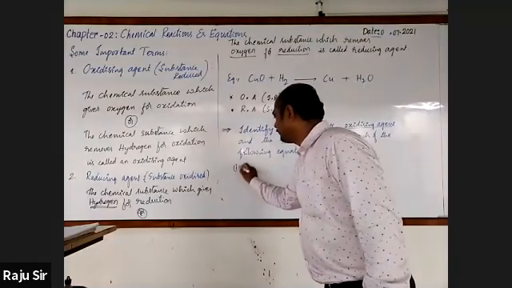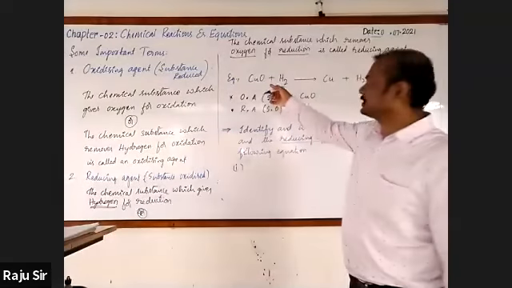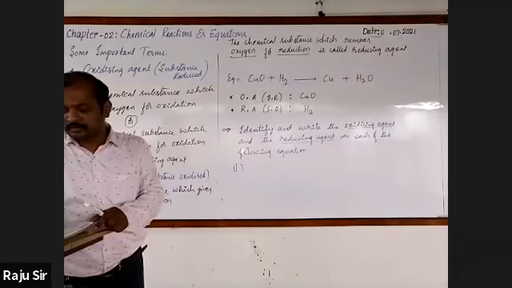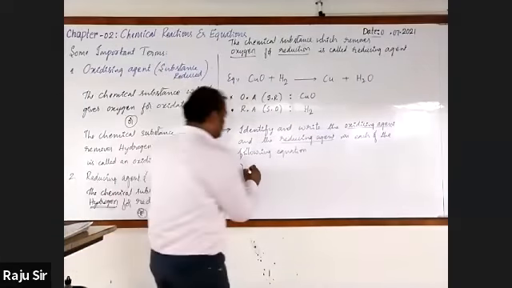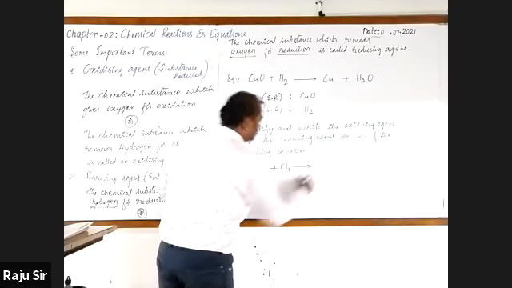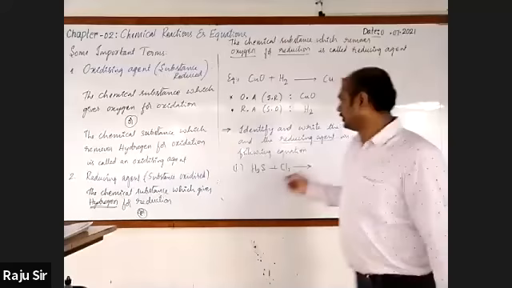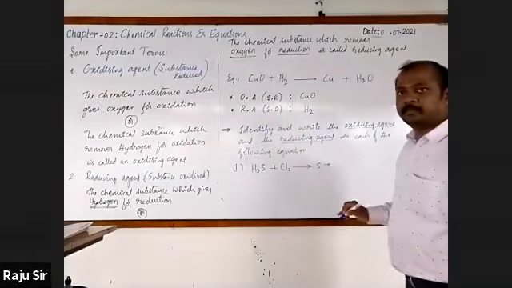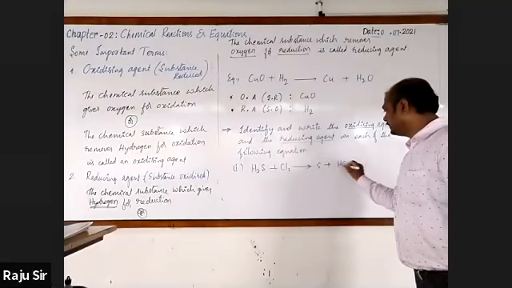Let me take the first one. Already this is over. The next one is H2S plus Cl2 gives rise to S plus HCl. Here, what do you say about H2S?